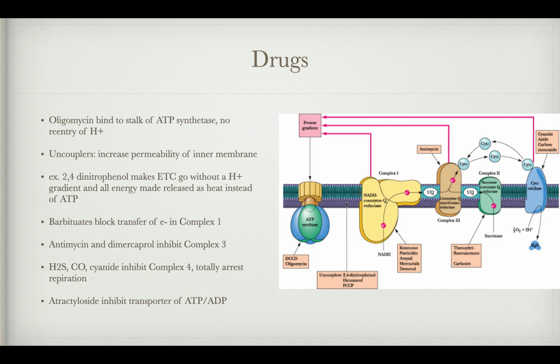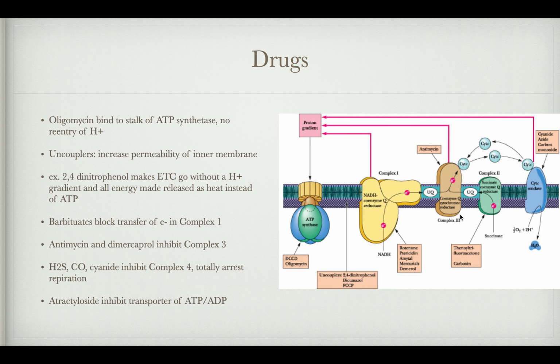So, the drugs. Oligomycin will bind to the stalk of complex 5, and it will prevent the re-entry of H+, or hydrogen. And of course, that's problematic, because how can the chain continue? Uncouplers will increase the permeability of the inner membrane, and that will reduce the electrochemical gradient.